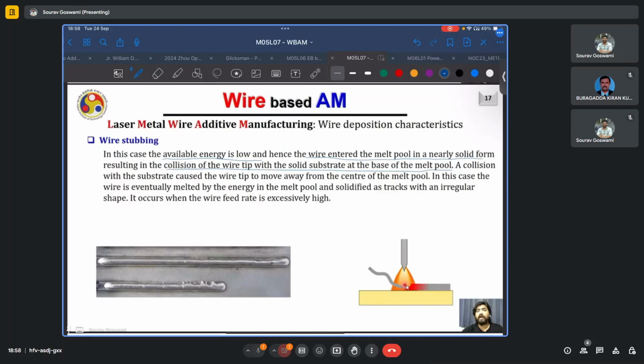Such a collision results in the wire tip moving away from the center of the melt pool, as may be seen by these spatter-like signatures here. The wire does not remain solid for long because of the energy present in the melt pool, which melts it. However, the tracks which solidify have an irregular shape, which is highly undesirable. And as we discussed, this typically occurs when the wire feed rate is too high.